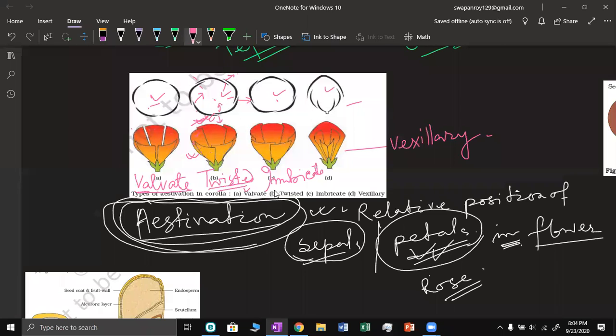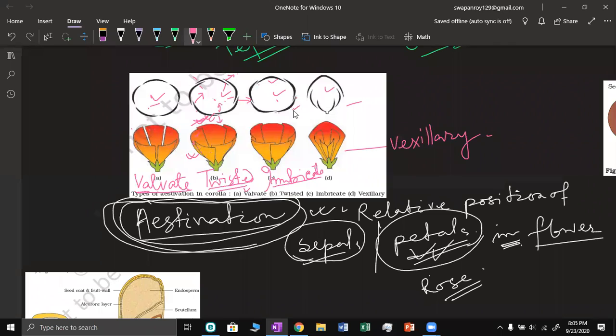In imbricate, this is also more or less like a twisted one, but a little different. Here, out of the 5 petals, usually there are 5, one petal is completely inside, both margins are covered. Another petal, see here, both margins are exposed.